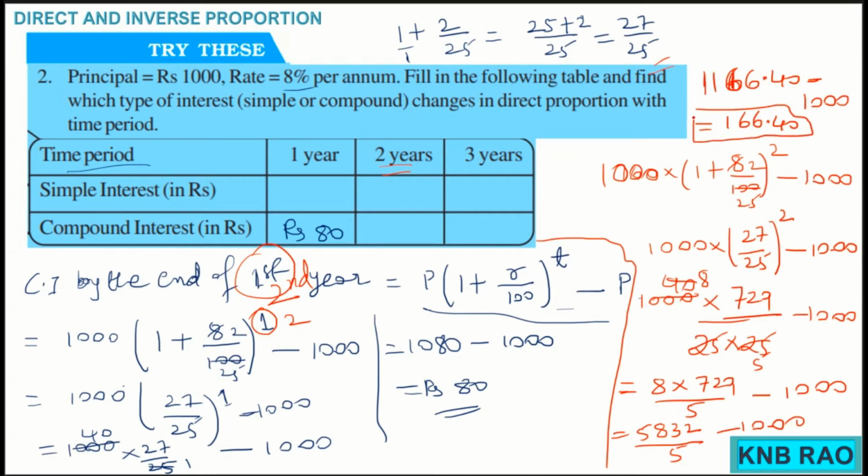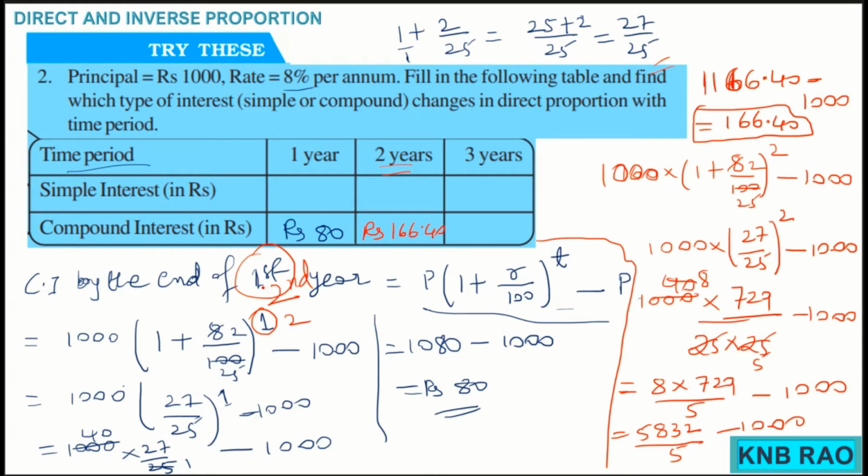This is the answer. So we got the answer as 166 rupees 40 paise as the compound interest by the end of second year.